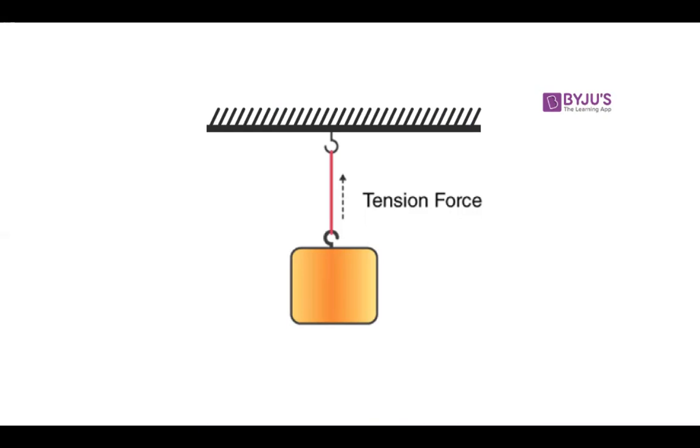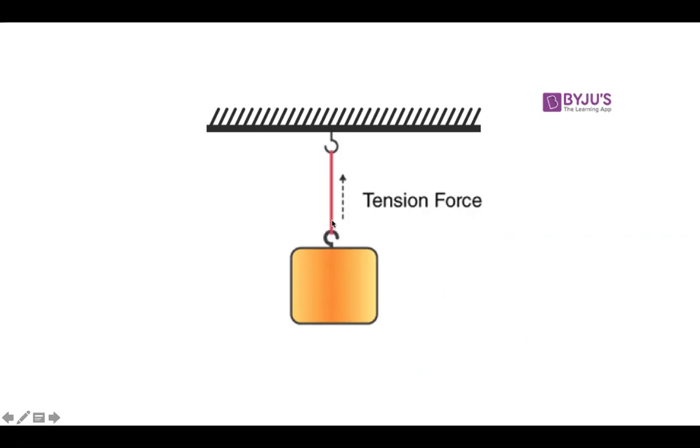Okay, so tension, upthrust, and air resistance are sort of like an upward force, or a force that is acting against gravity. So keep that in mind when we look at these three forces. These are forces that are acting against gravity. So let's say I have a string or a spring or a rope, and it's holding an object.